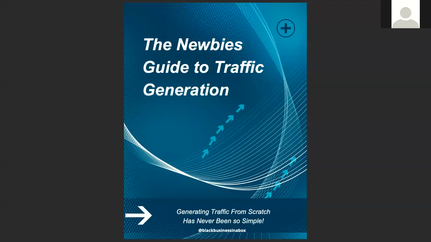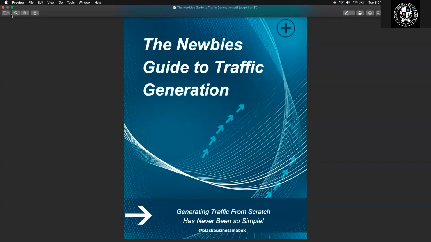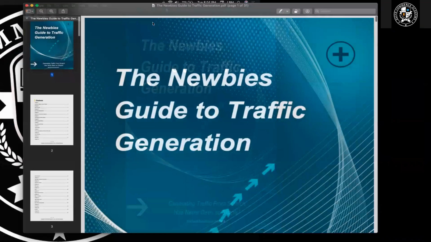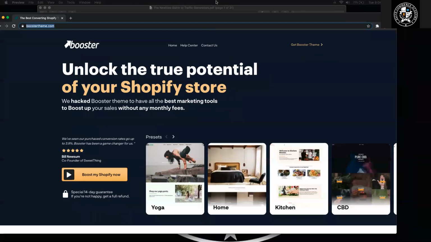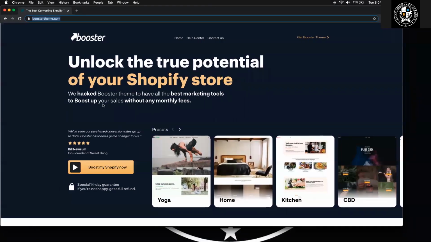It's at boostertheme.com. I'm going to put the link into the chat so you can copy and paste that into your browser. Then I'm going to minimize this and bring this over here so you can see it. All right, you see that?